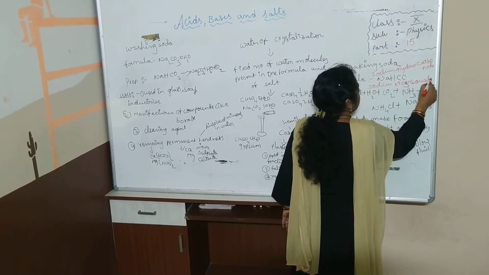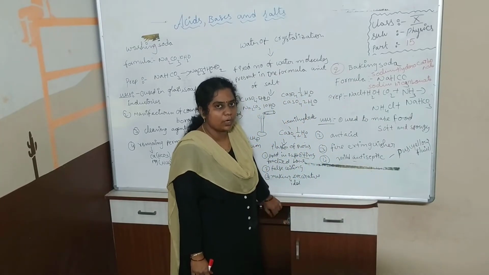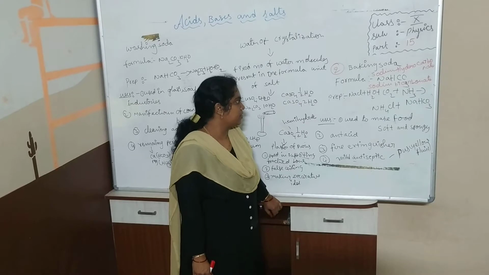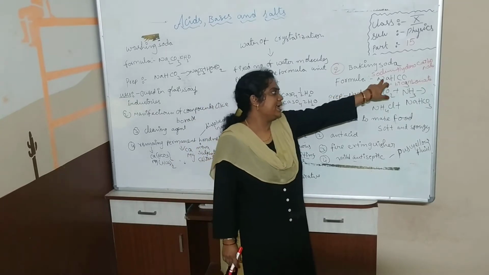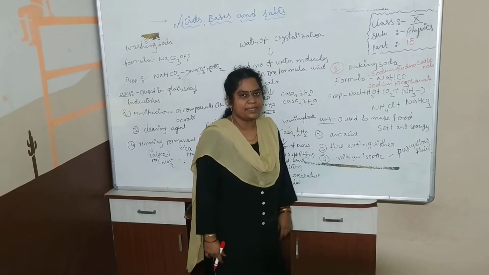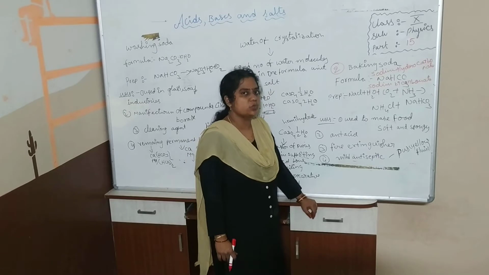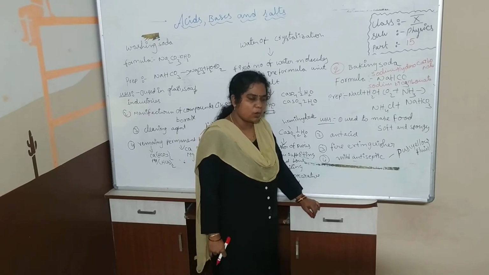So it has two chemical names: sodium hydrocarbonate, or also called sodium bicarbonate. And what is the formula? NaHCO3 is the formula. And how to prepare this NaHCO3, sodium bicarbonate? How to prepare this baking soda?